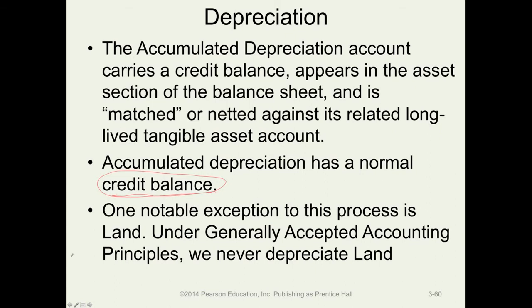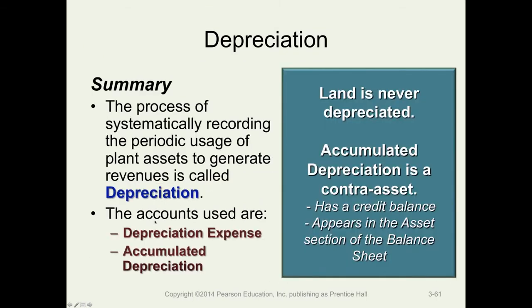The only plant asset that typically doesn't depreciate is land. Land, if anything, will actually increase in value. So to summarize, the process of cost allocation, not valuation, but the process of systematically recording or allocating the periodic usage of plant assets to generate revenues is known as depreciation.